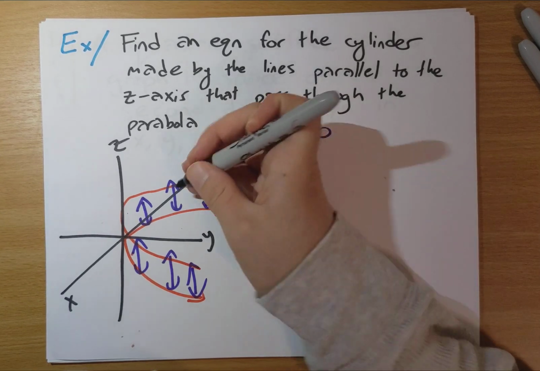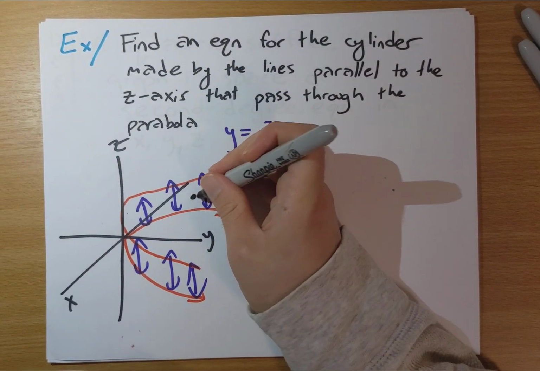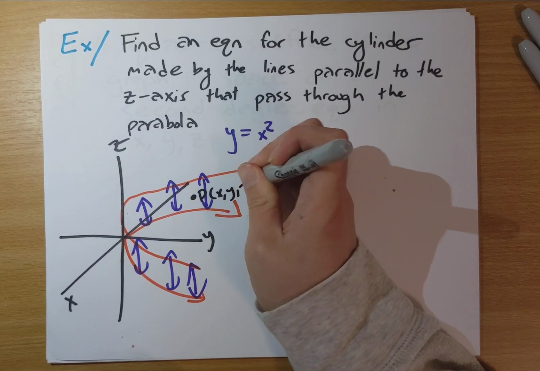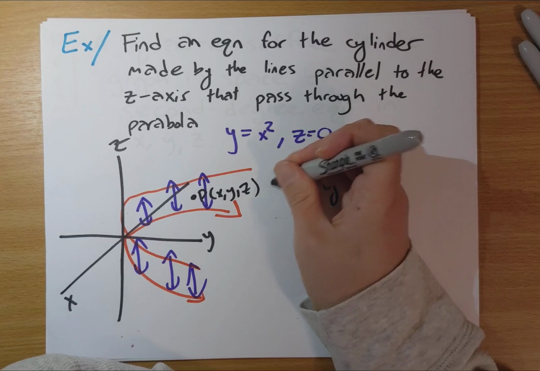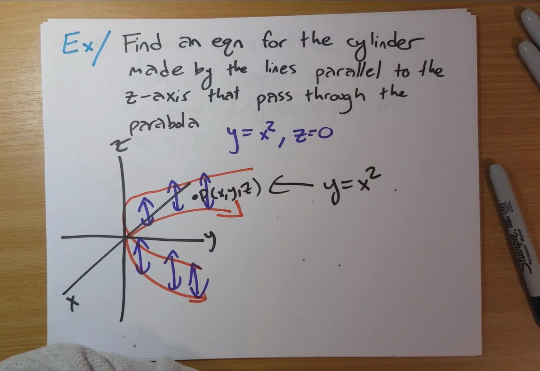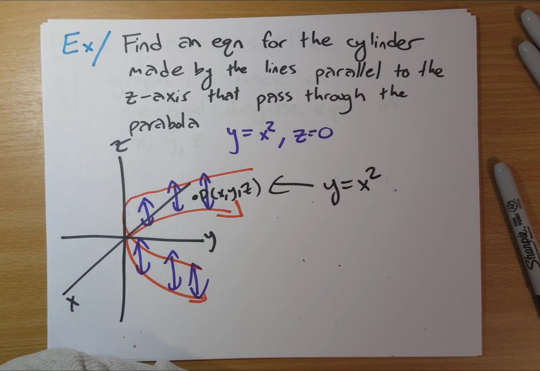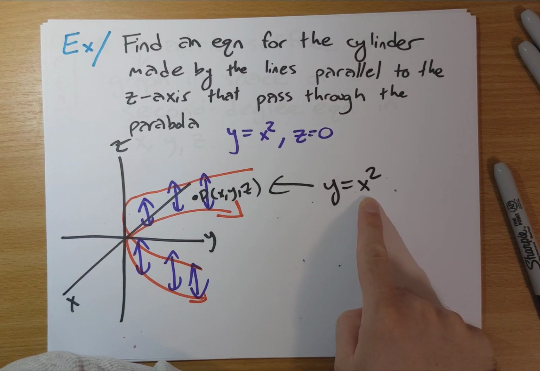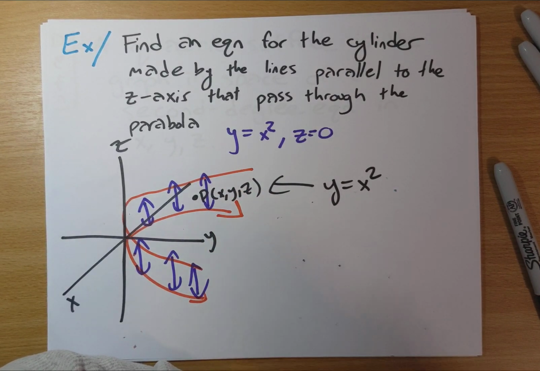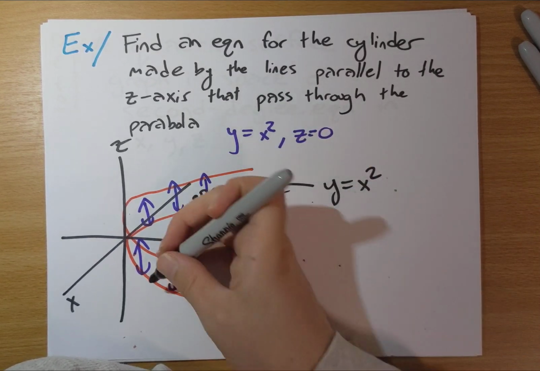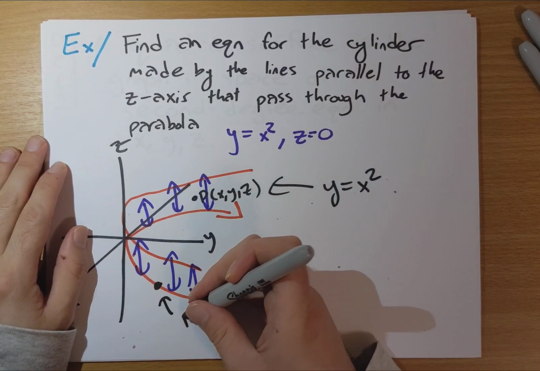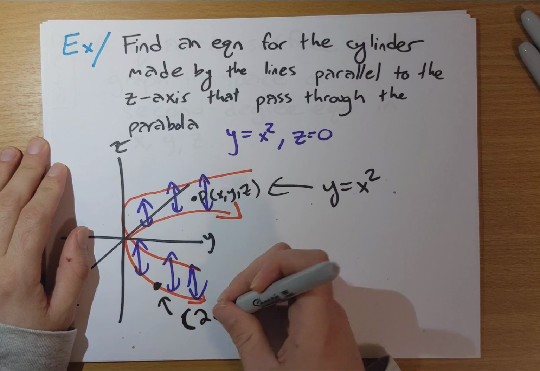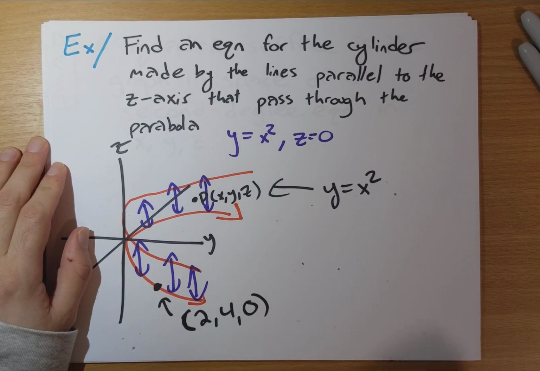What does a generic point x, y, z need to satisfy? It just has to satisfy y is equal to x squared, and z can be anything. So there's a relationship between the first two coordinates, and z can be anything. This might be the point x is 2, y is 4, z is 0.